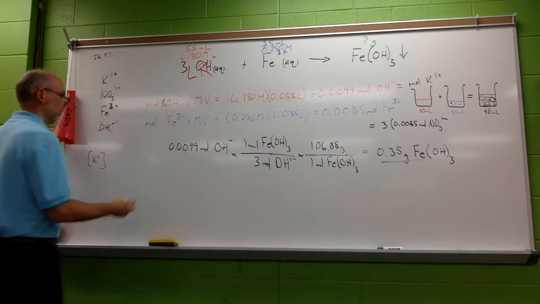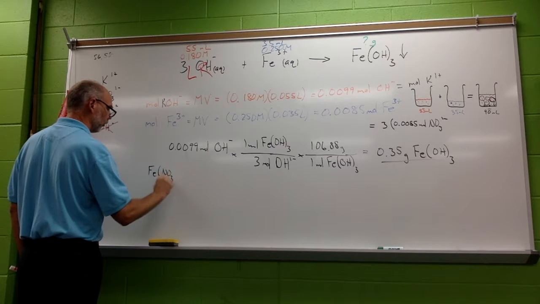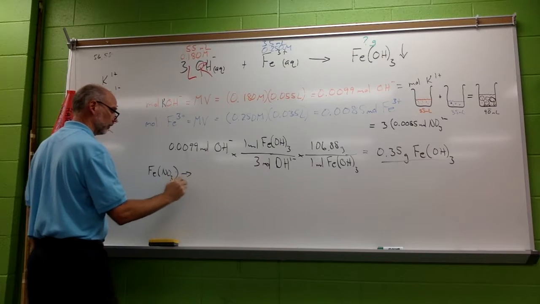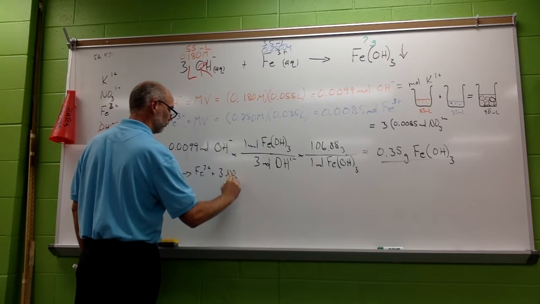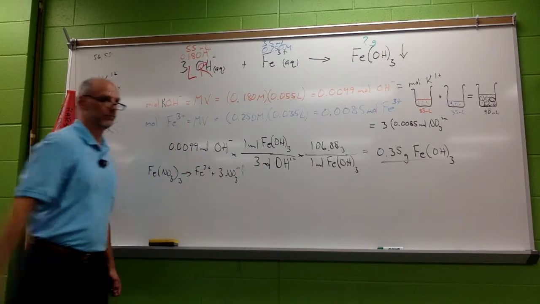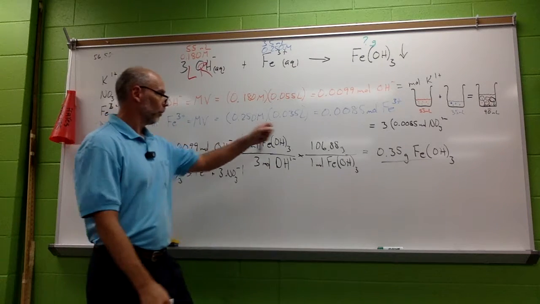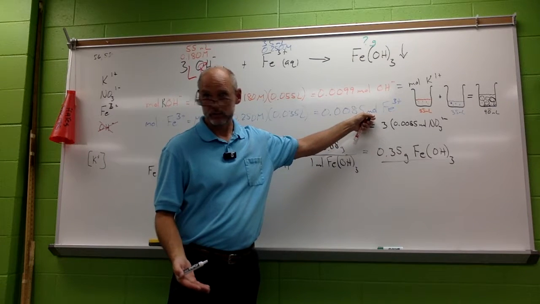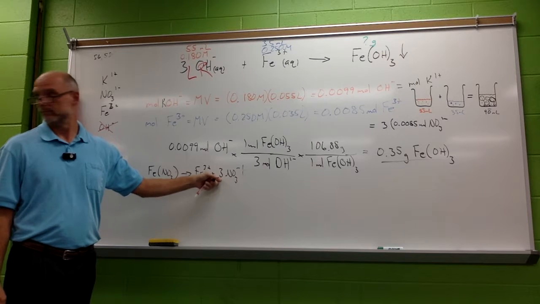Because when the iron nitrate dissociates, I get that. So we have 0.0085 moles of iron nitrate, of which the nitrate ion is going to be 3 times that.